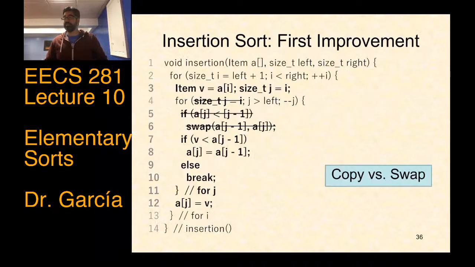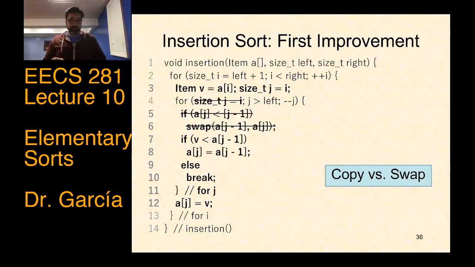The first one, as I pointed out earlier, is that it seems wasteful to do a bunch of swaps just to get the new element to its rightful position in the sorted section of the array. So let's do a move.